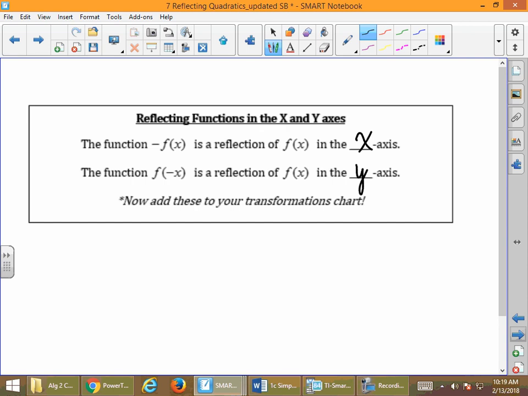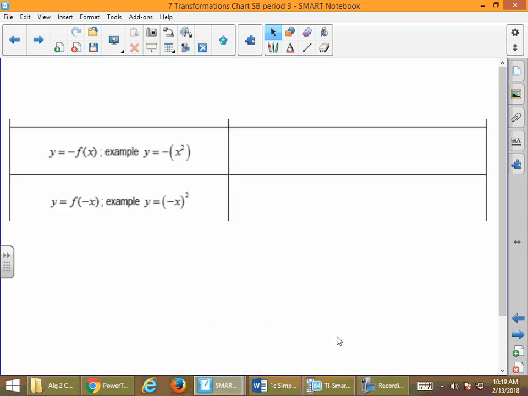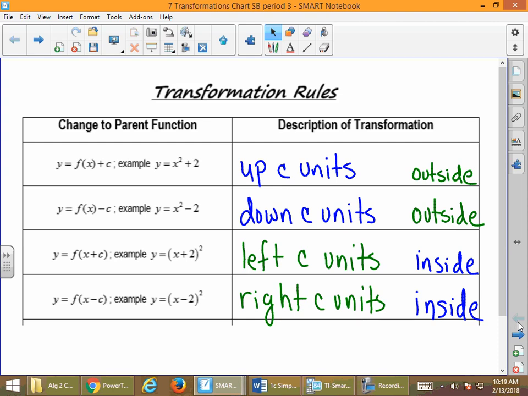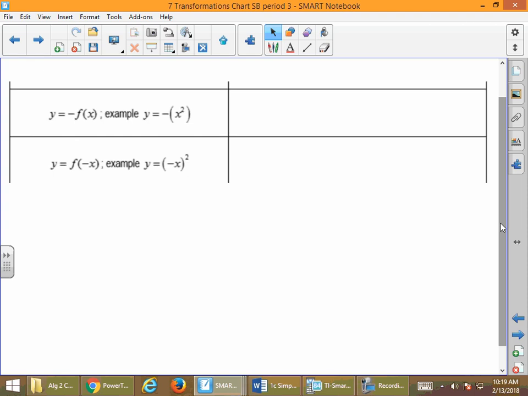But let's switch gears over here to our transformations chart and fill in the next two boxes. We filled in these in our last set of notes. So now we're on the next two. And once again, y equals negative f of x, or y equals negative in front of x squared.